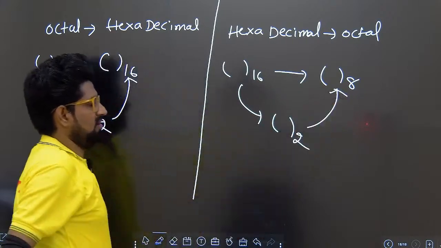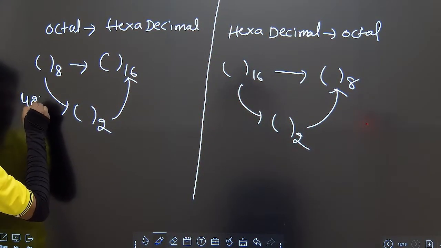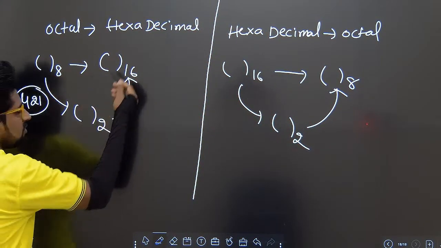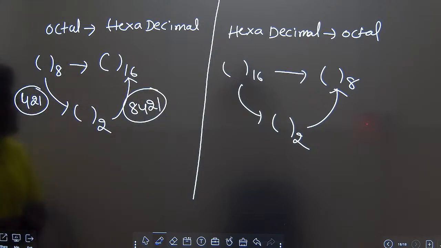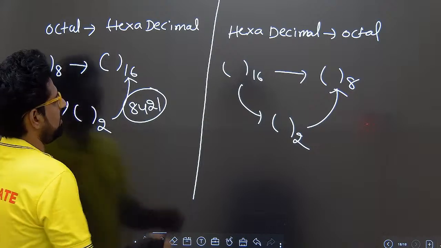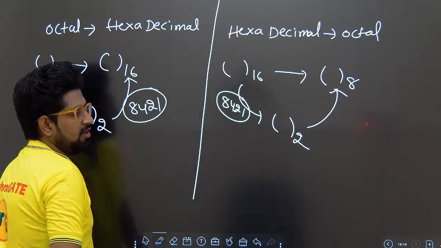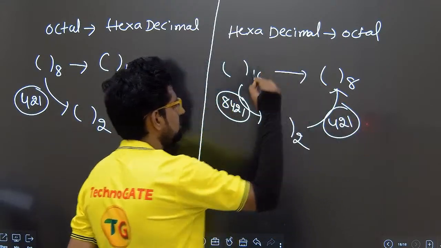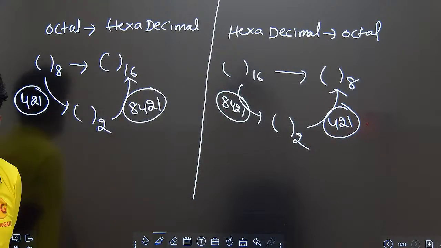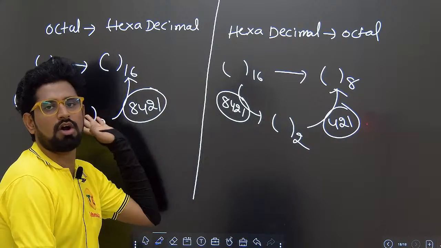So you know the rule. 8 to 2 means apply BCD 421 code, 3 digits. 2 to 16 means apply BCD 8421, 4 digits. Again 16 to 2 means 8421, 4 digit code. 2 to 8 means 3 digits, 421 code. Okay. In this way we can convert hexa to octal and octal to hexa.